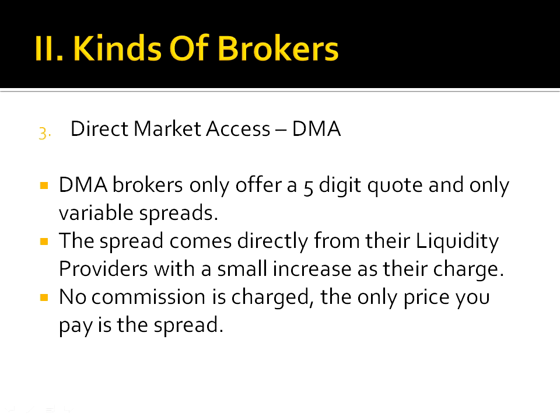Now finally, we're looking at the direct market access, DMA. These guys only offer a 5-digit quote and have only variable spreads. Now, the spread comes directly from the liquidity providers with a small increase as the DMAs charge. There's no commission. The only price you pay is the spread. As the spread is variable, it means it fluctuates a little bit.